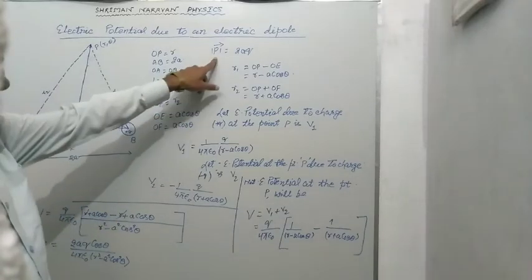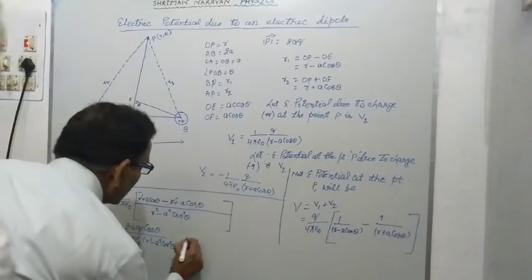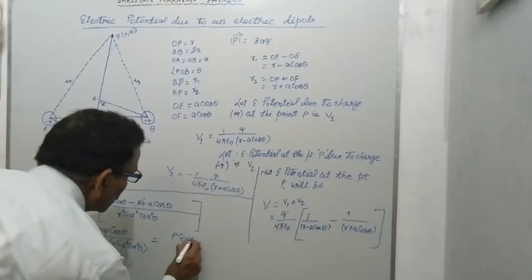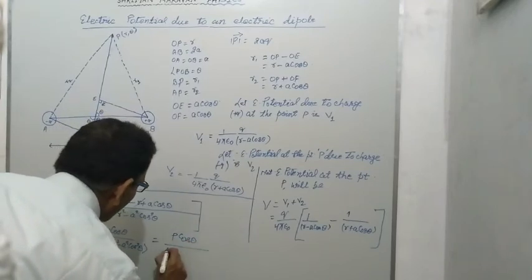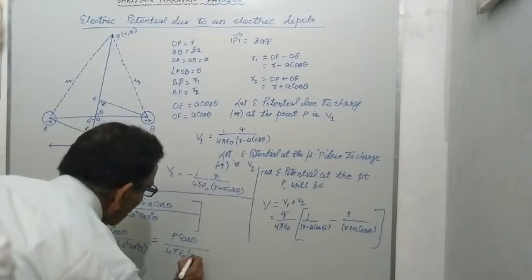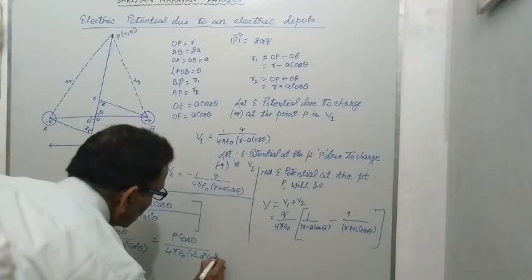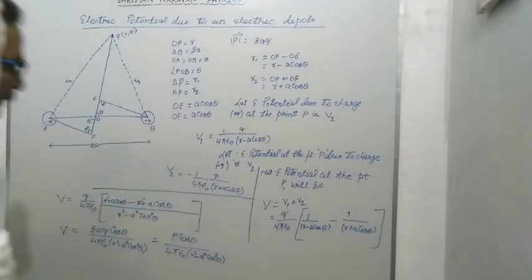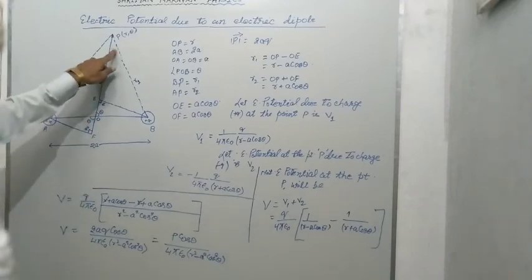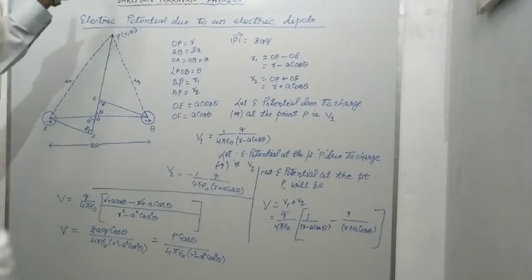The dipole moment P is given as 2aq. So this V will be equal to P cos theta divided by 4 pi epsilon naught into r square minus a square cos square theta. Now suppose that this observation point P is lying at a very far off distance.